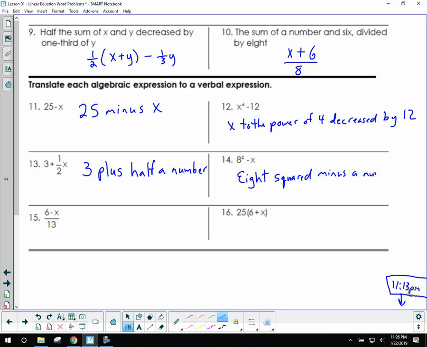We can say 6 minus a number and then put divided by 13. And 20, or not 20, am I saying 16? We can say 25 times 6 plus a number.